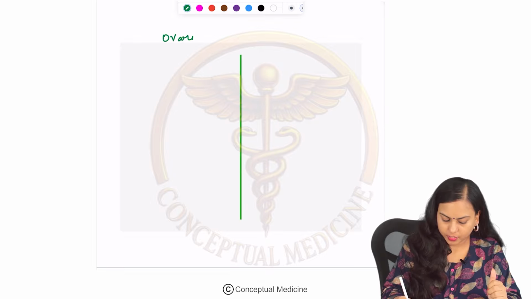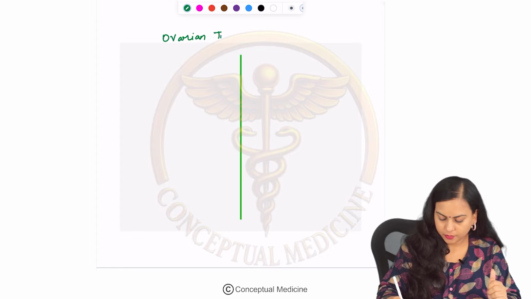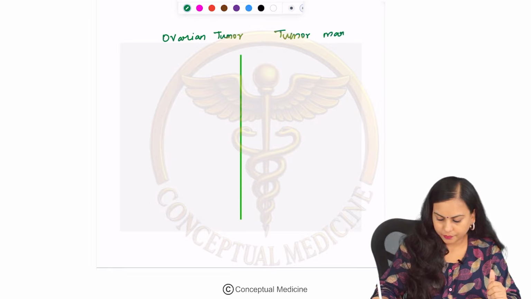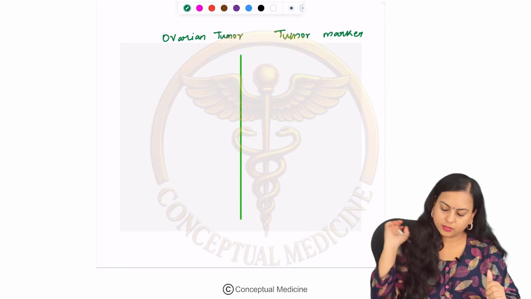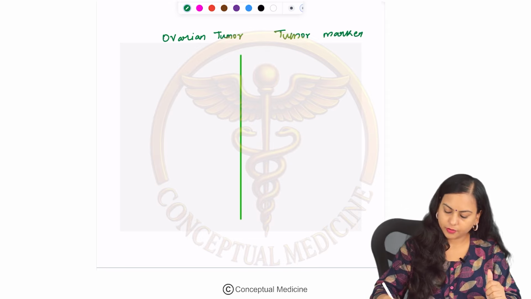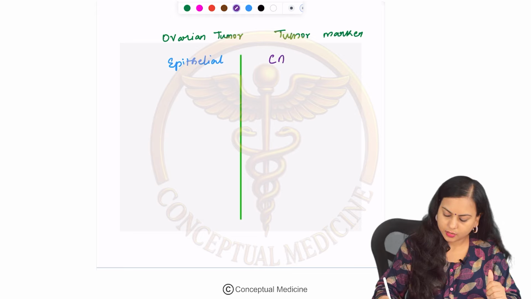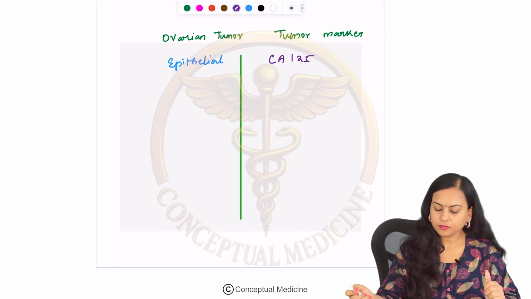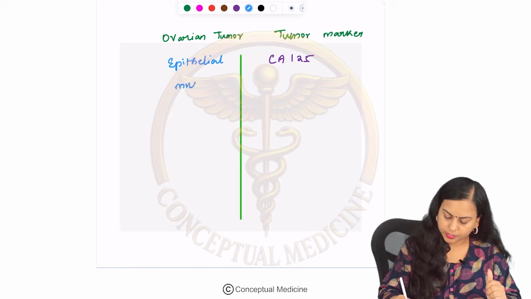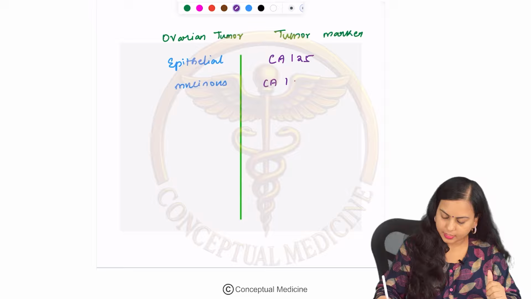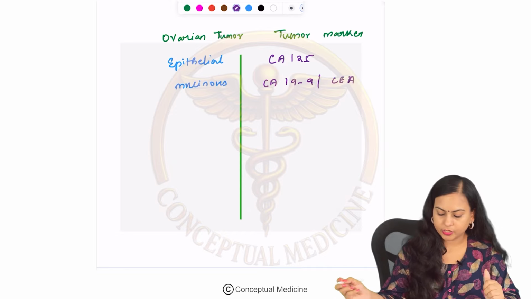So, your ovarian tumor and the tumor marker. For epithelial carcinomas, the tumor marker is going to be CA125, and for your mucinous tumors, the tumor marker is going to be CA19-9 or CEA, carcinoembryonic antigen.